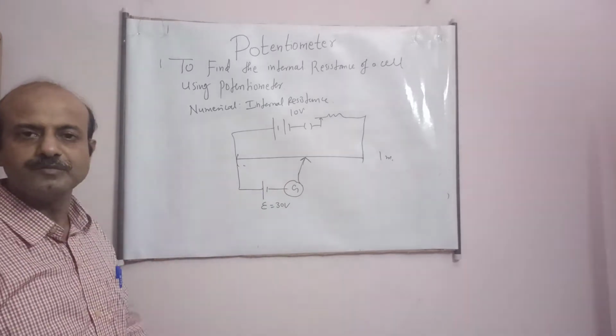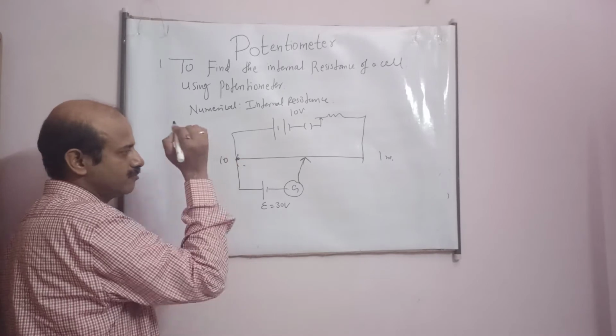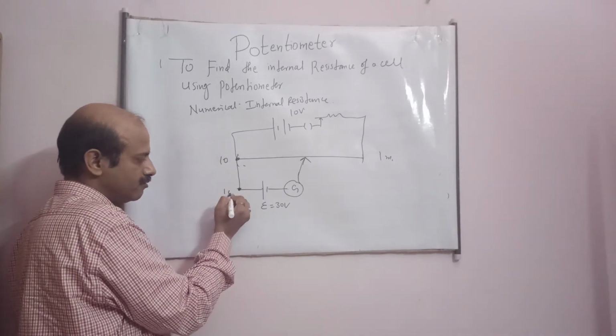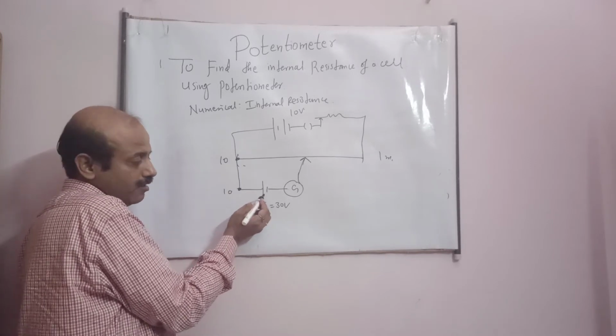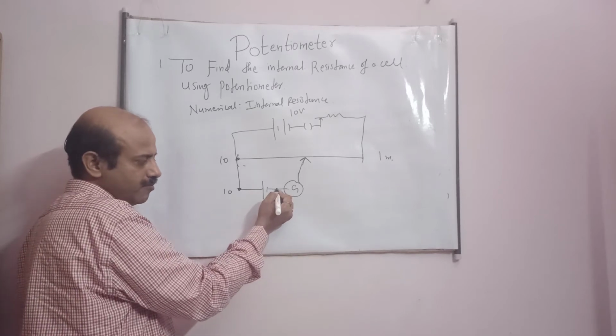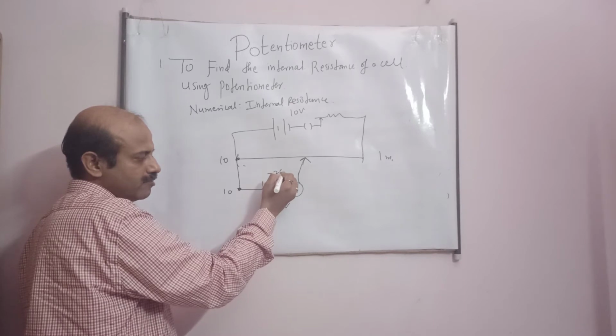Now see, student, what will happen? This is 10, means this is at 10 volt. Same connection, this is at 10 volt. Now this is at 10 and this is at 30, student. And this is at positive potential, this is at higher potential. So how much is the potential here, student? See it. It should be minus 20.